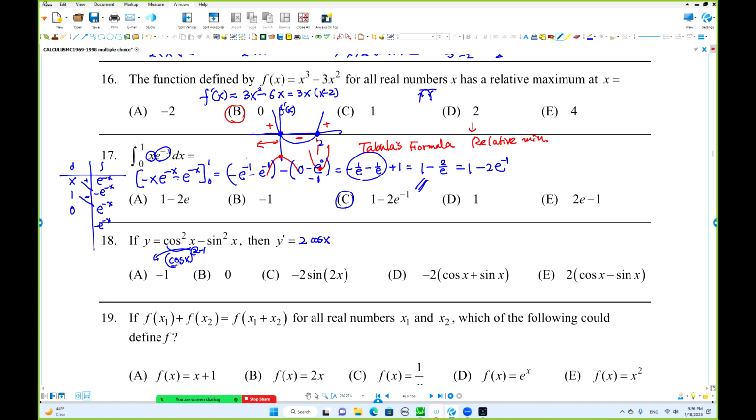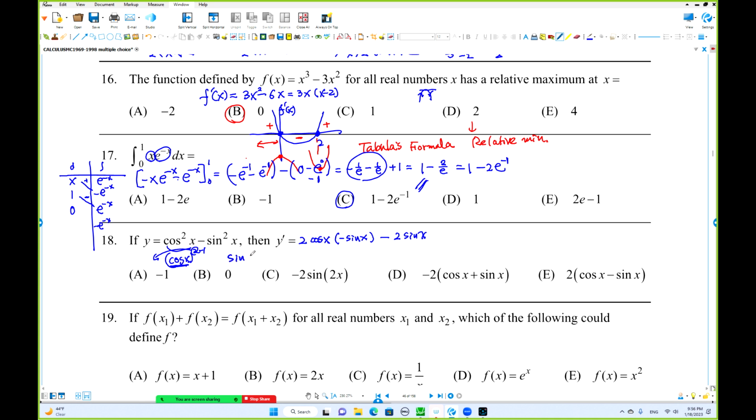But still, take a derivative of cosine x over here, right? The derivative of cosine x is what? Negative sine x, isn't it? That is the chain rule. The second one is sine squared of x. The derivative is how much? 2 sine x, but inside is the same thing.